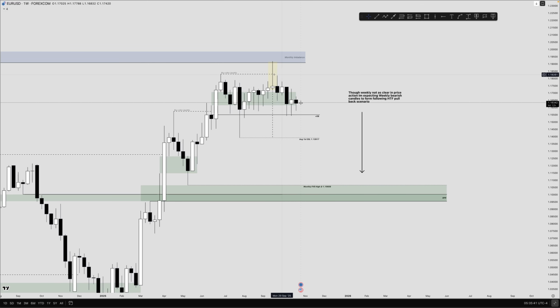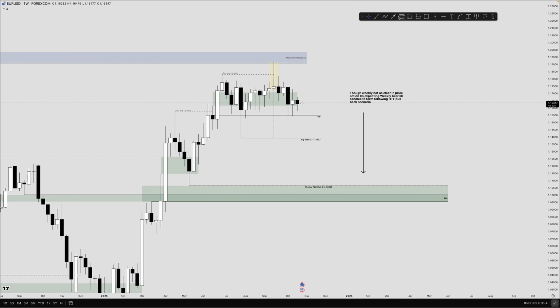However, just like on the monthly, price has topped out here, taking that buy side liquidity from previous monthly highs into that monthly imbalance. You can see this lovely high test candle, and we have since moved down in price. However, this was a trend line of sell side liquidity, so you can see price kind of reacted from there, which is why it's struggling to break through these zones and this order block.